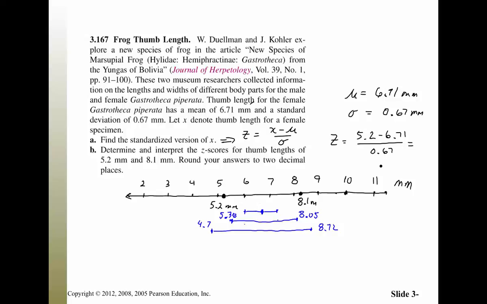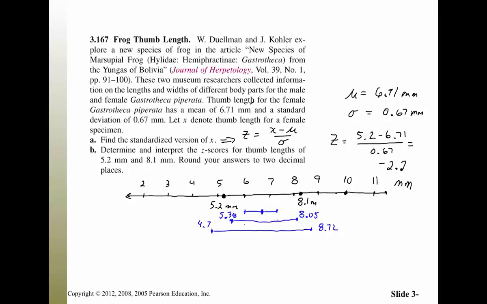Something's wrong. It should be like negative 2.1 or something. Did you do this whole thing in parentheses? Yeah. What is it? There we go. Negative 2.2.